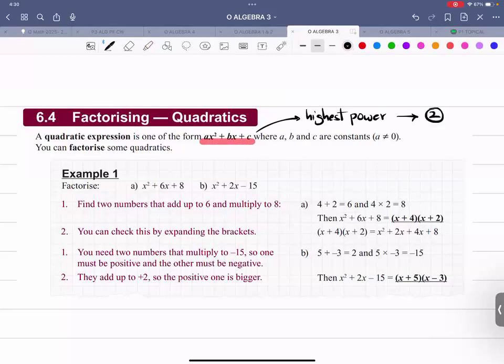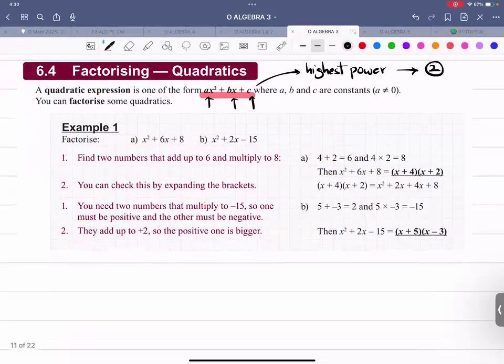So highest power is 2. There is an x squared term, there is an x term, there is a constant. This is a quadratic. For example, there are 2 quadratics that you see, and the process by which we will break it up is called middle term factorization.